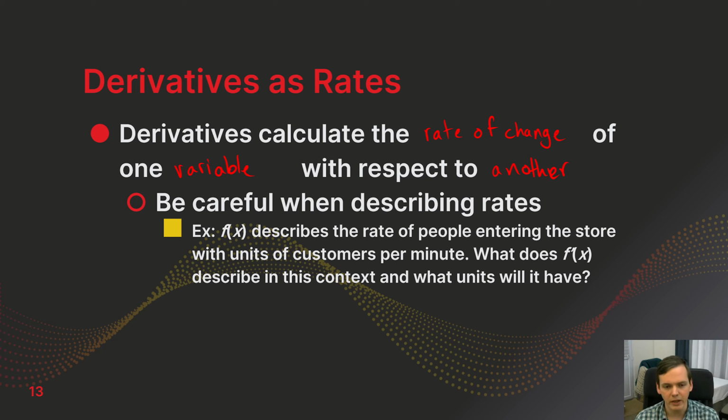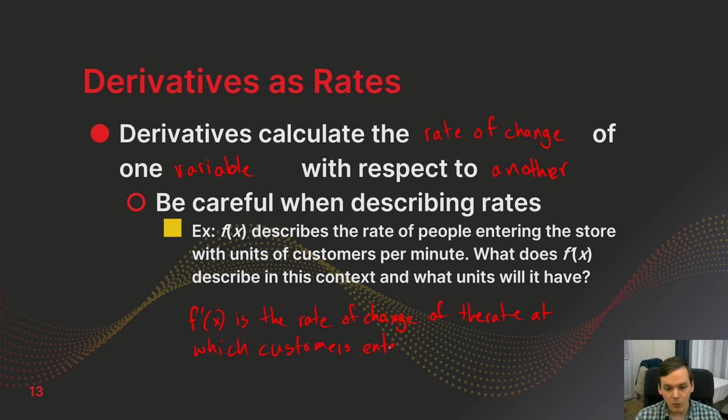So in this example here, f of x describes the rate of people entering the store with units of customers per minute. What does f prime of x describe in this context, and what units will it have? So f prime of x is the rate of change of the rate at which customers enter.